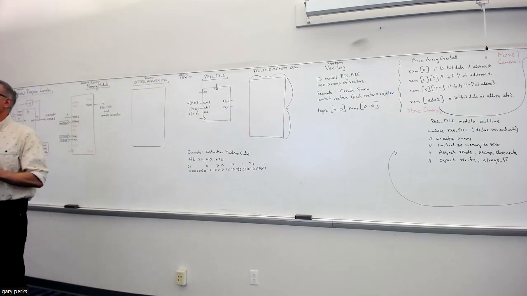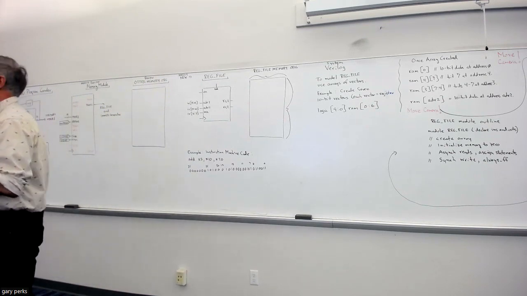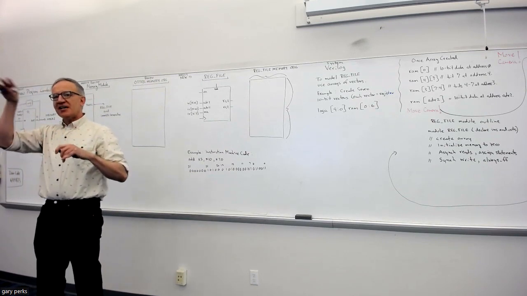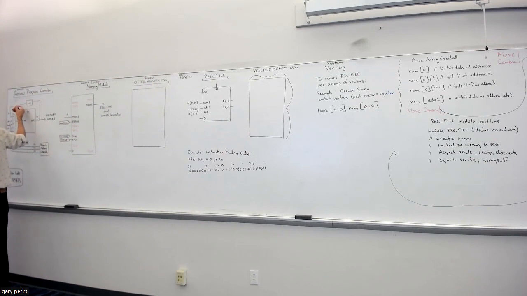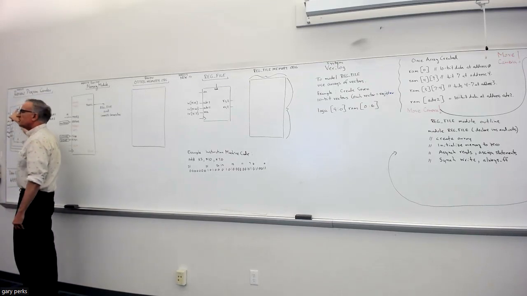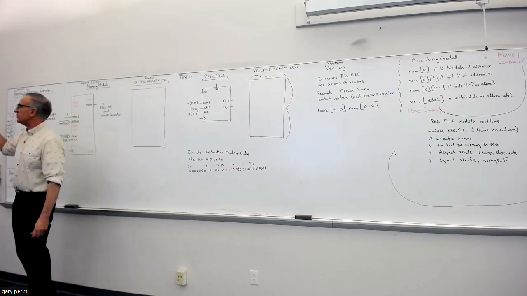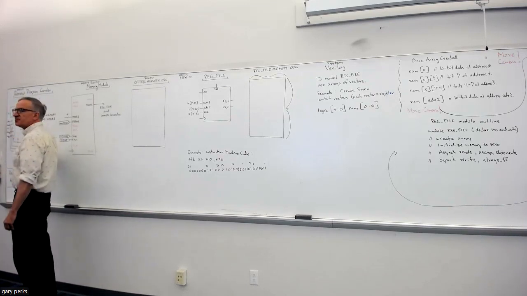Is it asynchronous or synchronous? Synchronous, right? Because you put it in an always block. So this reset is active high synchronous. At the time of that 0 to 1 transition of the clock, provided this is high, the program counter is going to be reset and its output is going to go to 0.